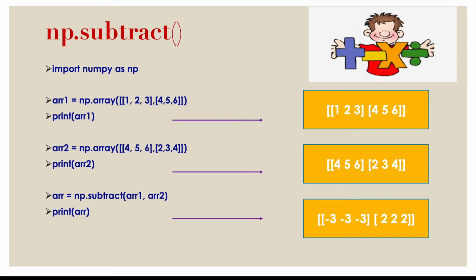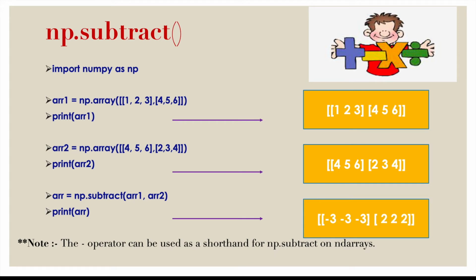So when we do 1 minus 4, we get minus 3. This becomes the first element of array3, that is the new array. Similarly, the subtraction takes place. Instead of calling the np.subtract function, we can also use the shorthand minus operator to find out the difference between the two arrays.